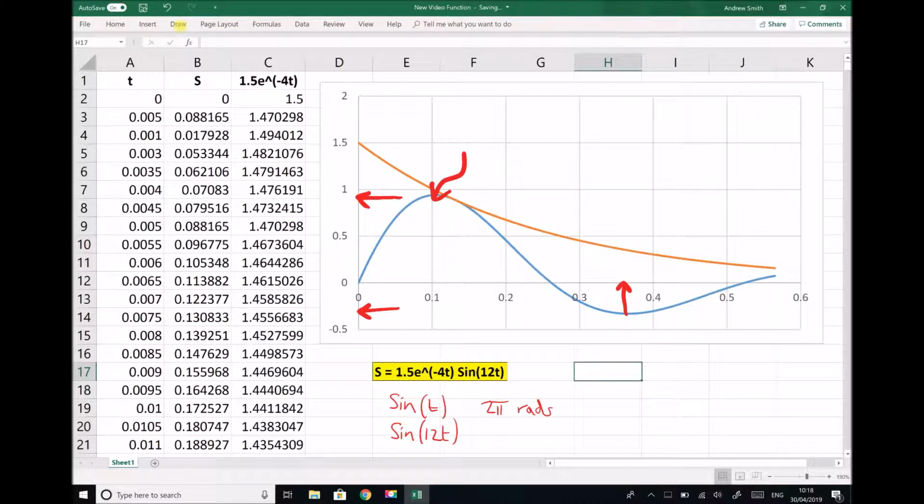Therefore, the function sine 12t repeats one full cycle in 2 pi over 12. Sine 12t completes 12 full cycles in the time sine t completes one cycle.